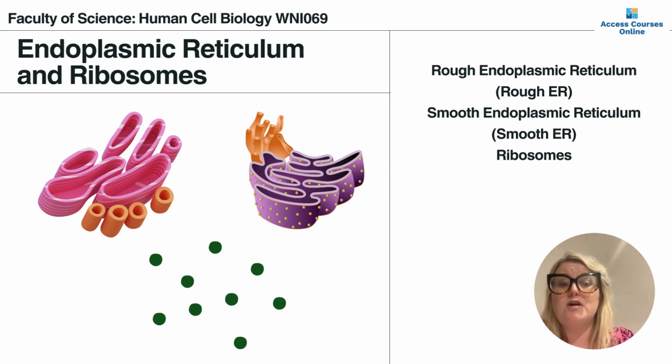So then finally, the ribosomes. The ribosomes are these very small granular structures found either attached to the rough endoplasmic reticulum or floating freely in the cytoplasm. And they're made up of 2 subunits that are responsible for translating genetic information from messenger RNA, which is literally called mRNA, into a specific sequence of amino acids to build proteins.